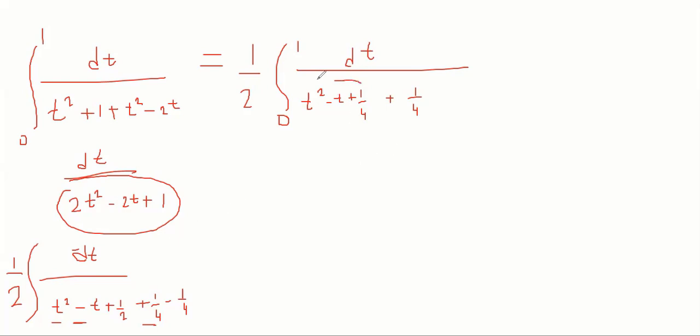Now, can I write this in the form of some square? It is the square of t minus half. So my question becomes t minus half whole square: t square will come, plus 1 by 4 will come, minus 2 into half so minus t will come, so that is complete. Plus 1 by 4, also I can write as half square.